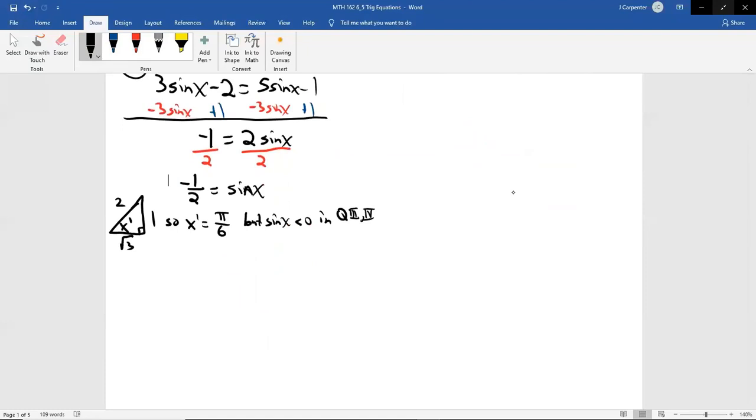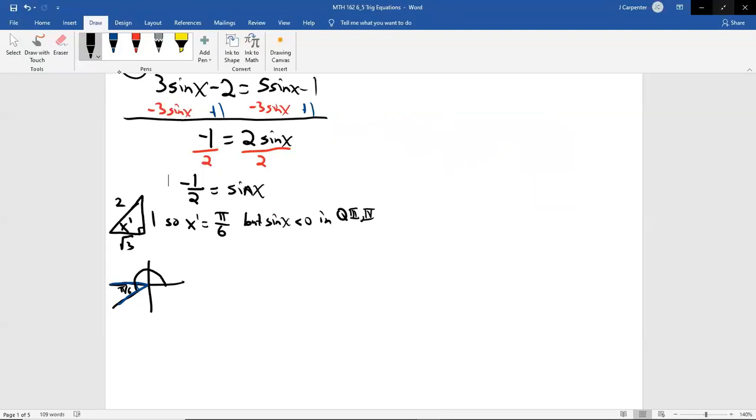Let's find the first one in quadrant 3. So let's put our pi over 6 here. So there's pi over 6. There's our reference angle in quadrant 3. But we need to find the actual angle, which would be starting from the positive x-axis.